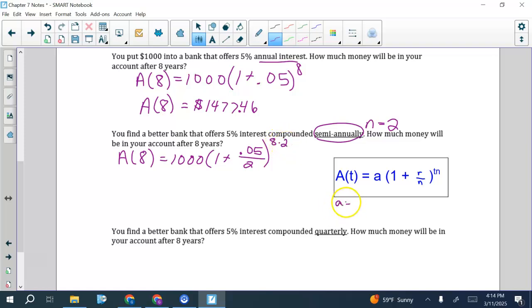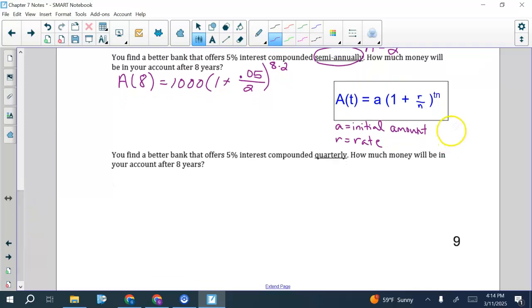So remember, A was the amount that you start with, let's say beginning amount, initial amount, however you want to say that. And then R was that rate, make it a decimal. T is time, usually in years.